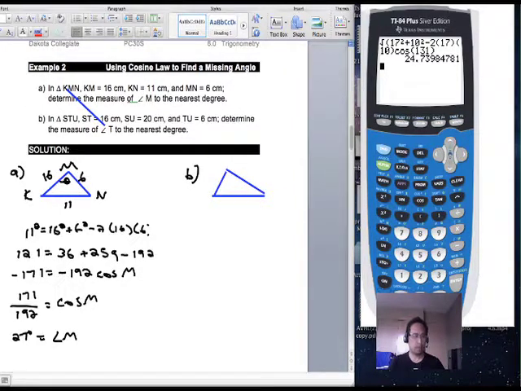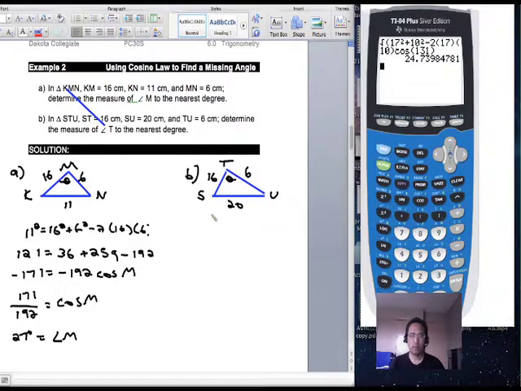Okay, another triangle here. Let's just call this STU. So ST is equal to 16, SU is equal to 20, TU is equal to 6. Let's find the measure of angle T.